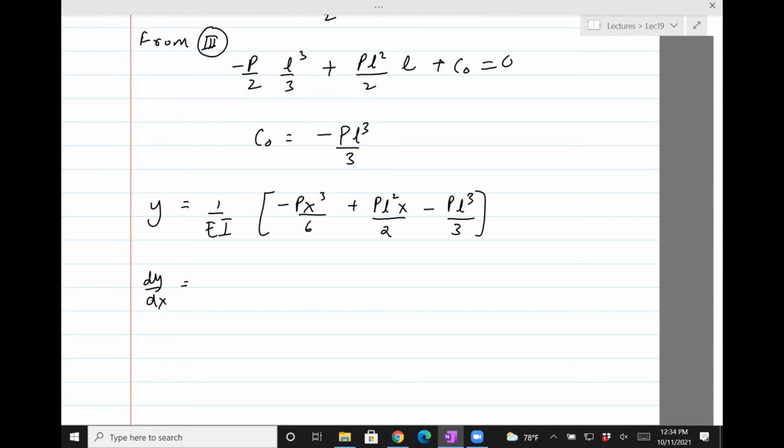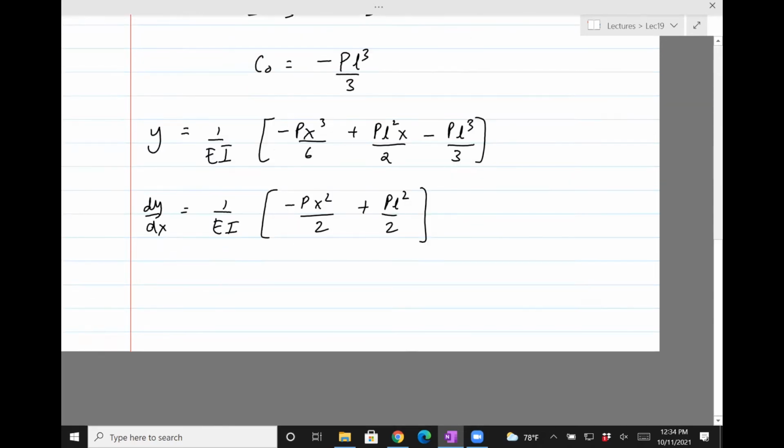It's easier to take the derivative of y. Two plus PL squared divided by 2. And then at x equals 0, that is at A, right? We need to find the deflection and slope at A. We have y is minus PL cubed over 3EI.